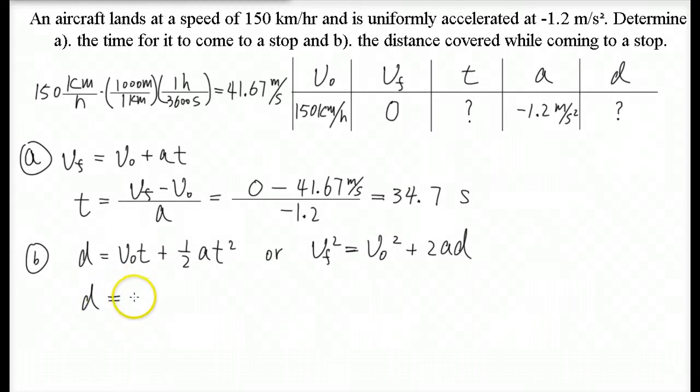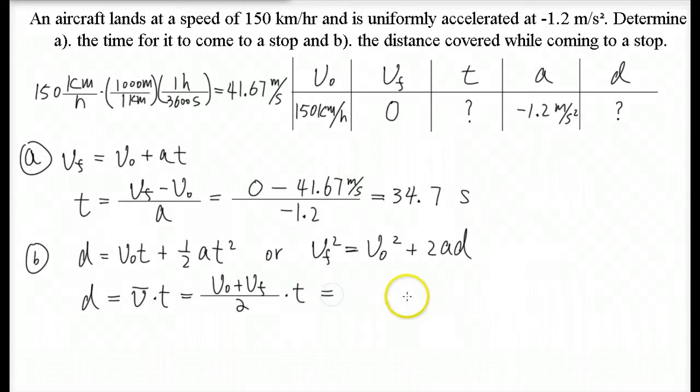So the displacement equals average velocity multiplied by the time. What is average velocity? It's V initial plus V final divided by 2, and then multiply the time. Okay, so I'm just going to use this.